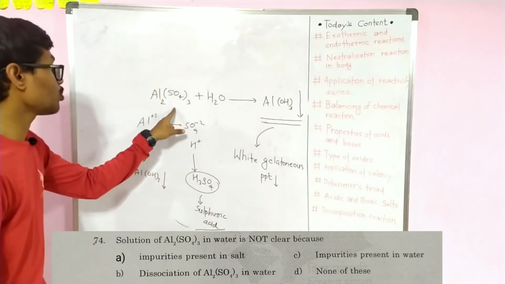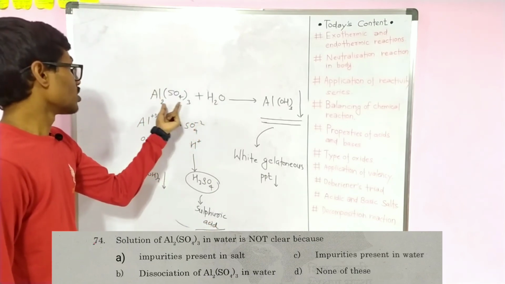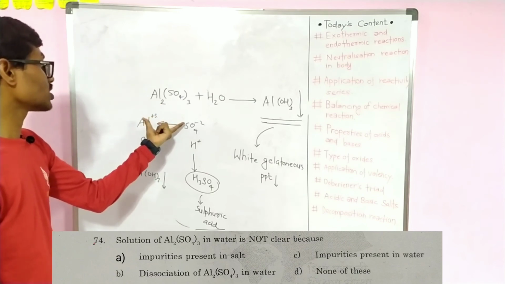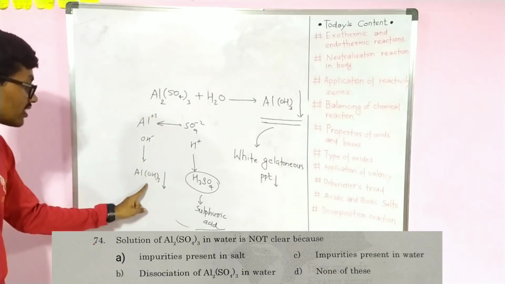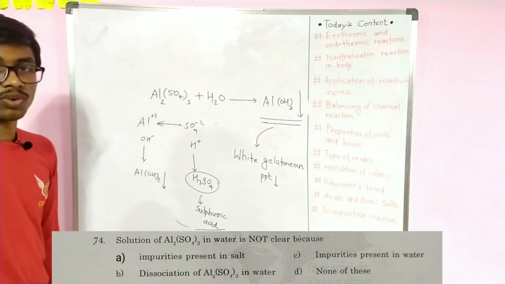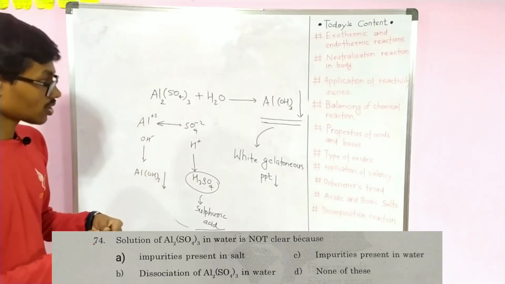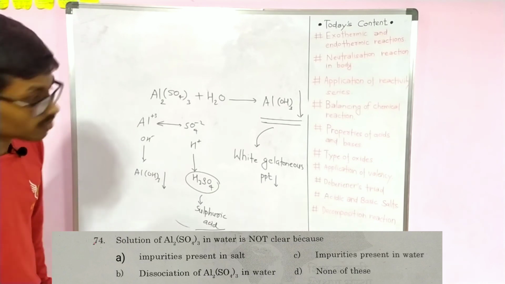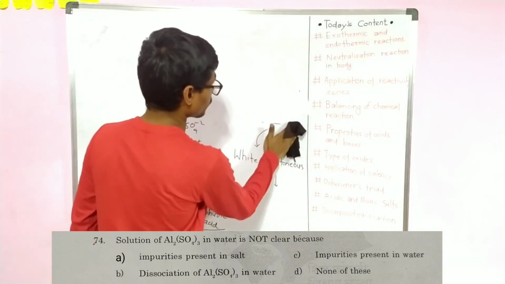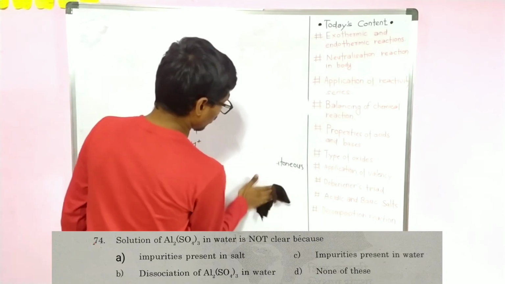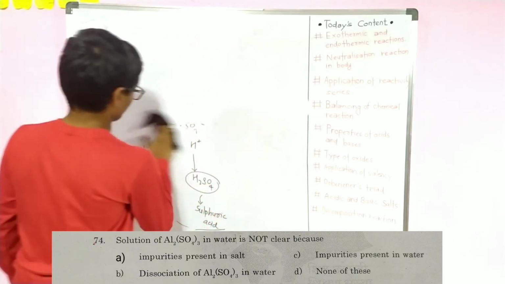So aluminium sulfate decomposes into its components, forming aluminium hydroxide, a white gelatinous PPT, and H2SO4. So the correct answer for this question should be decomposition of aluminium sulfate.